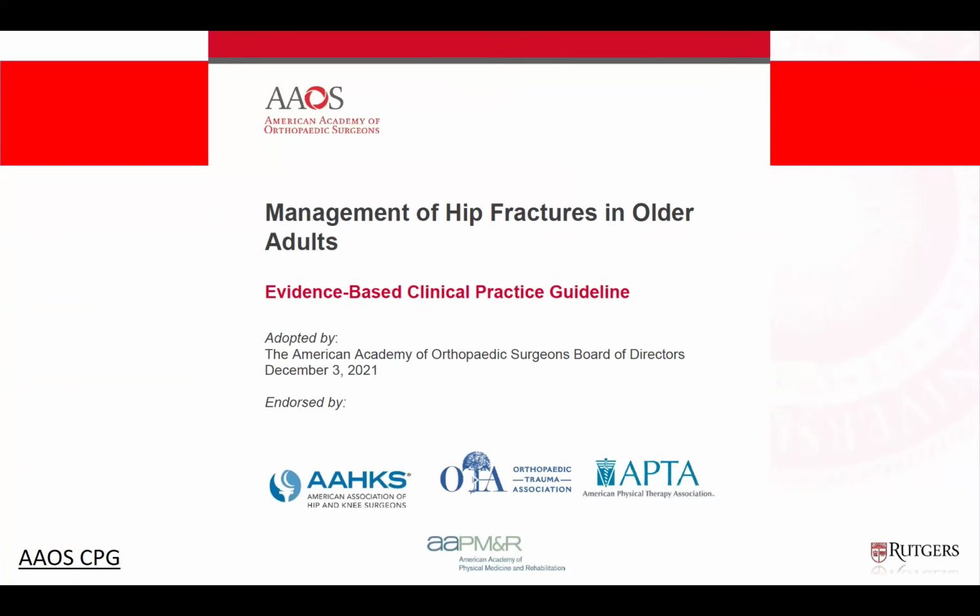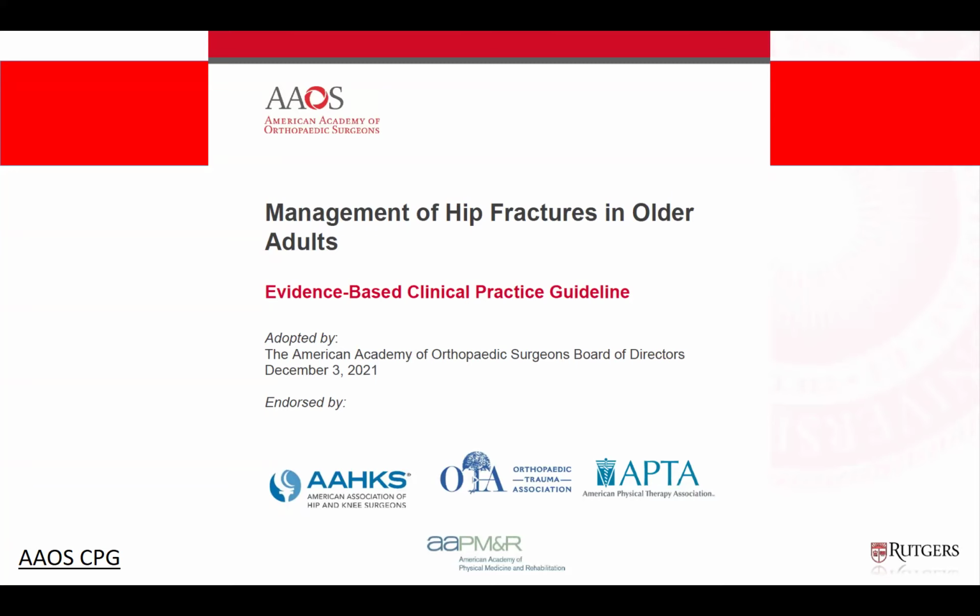So the first thing I'll bring up is the AAOS clinical practice guidelines for the management of hip fractures in older adults. These were the updated guidelines that were published in 2021, updated from the first edition that was published in 2014. This is important for a number of reasons.